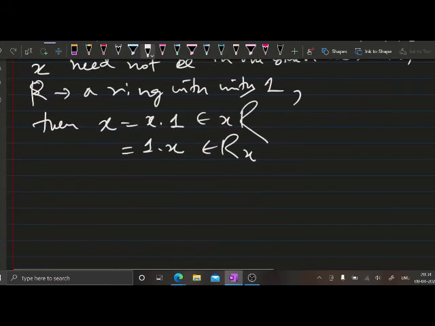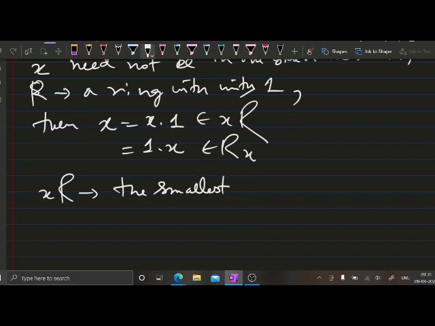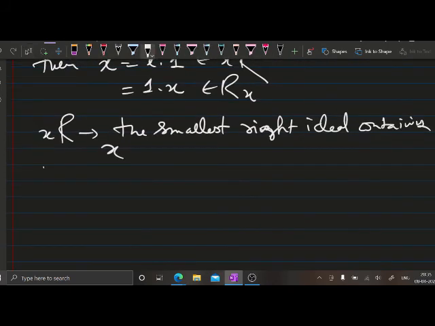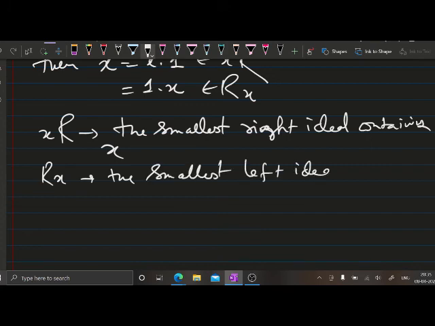And in that case, xR will be the smallest right ideal containing x, and Rx will be the smallest left ideal containing x.